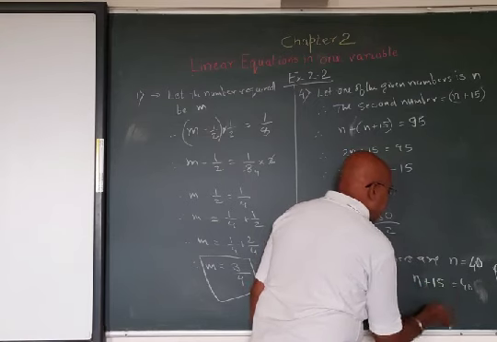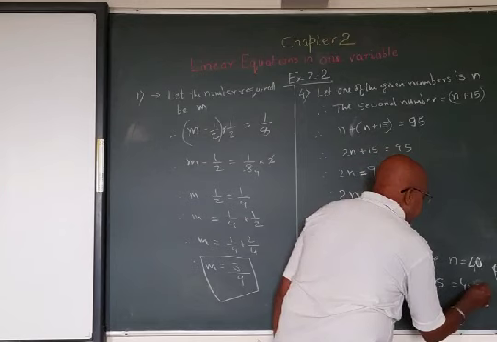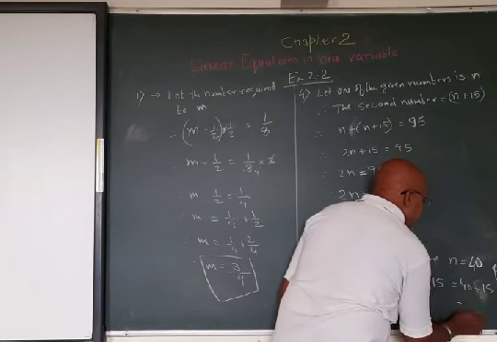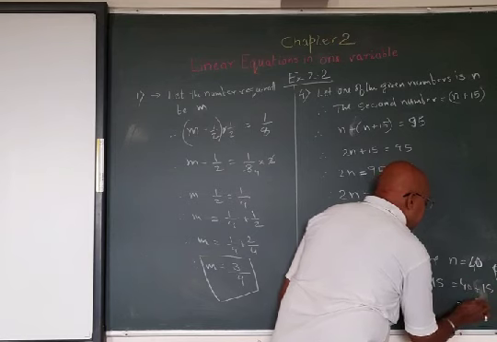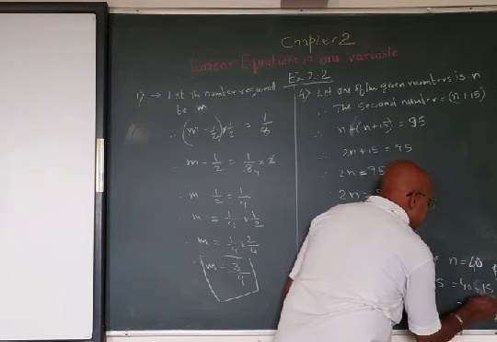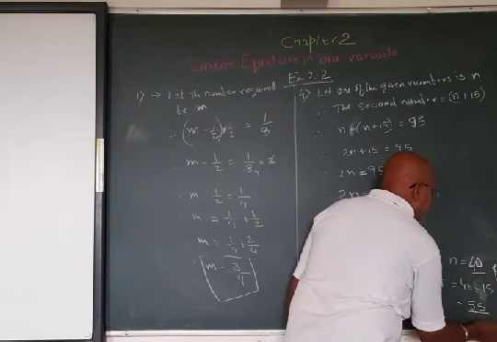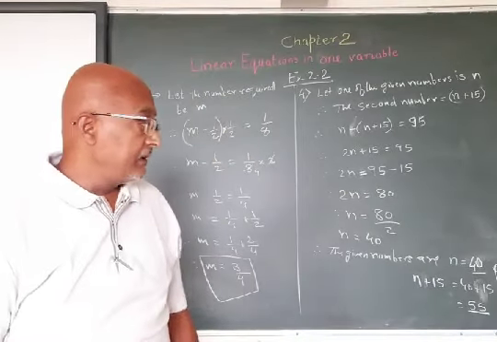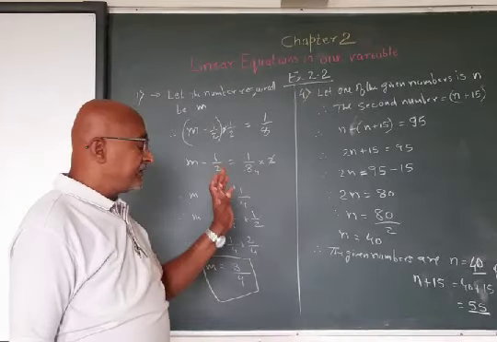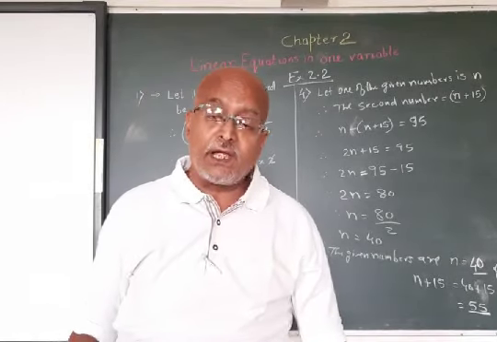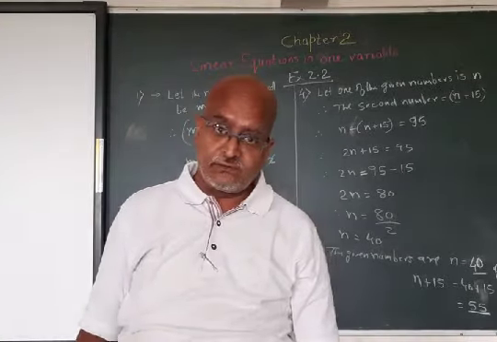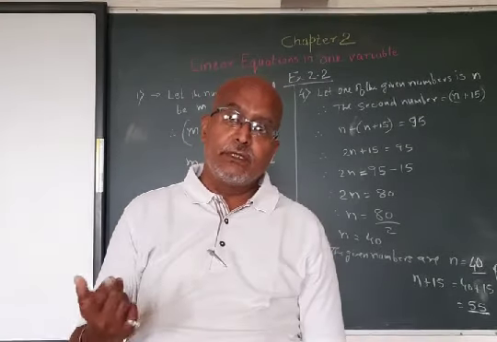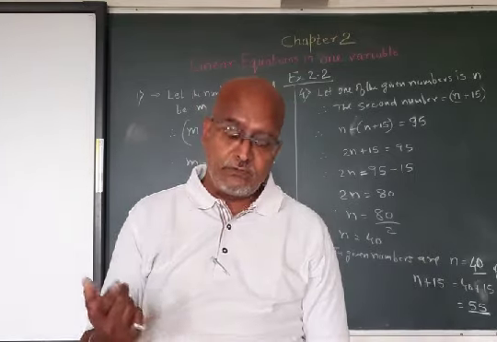The second number is n plus 15, so 40 plus 15 equal to 55. So the two numbers are 40 and 55. If you add them, you will get 95. Got it? So this is the way how we can apply the linear equation in solving the numericals based on words.